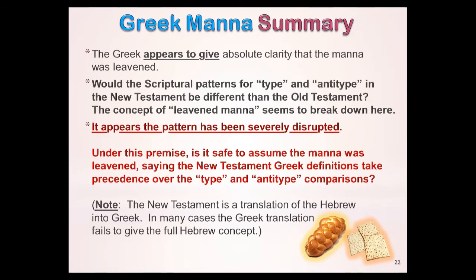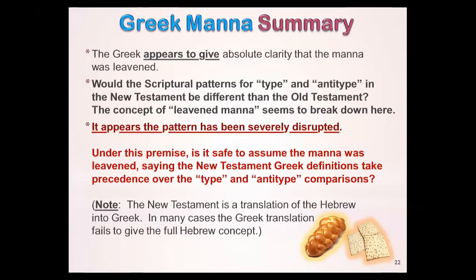And it also appears that the pattern has been severely disrupted. So under this premise, is it safe to assume that the manna was leavened, saying that the New Testament Greek definitions take precedence over the type and antitype comparisons?